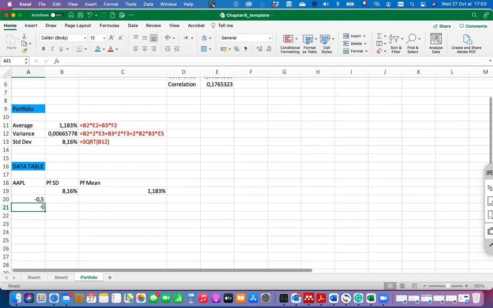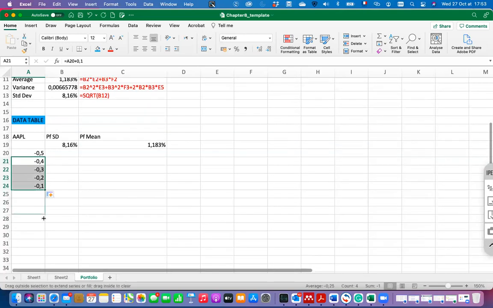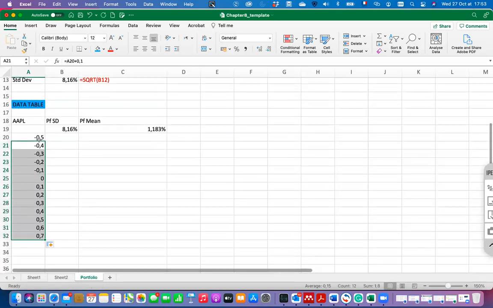Okay, then we propose to increase the proportion by an increment of 0.1. So equal plus 0.1. Then scroll it down. We first put minus 0.5, right? Then the next one is the previous plus 0.1.